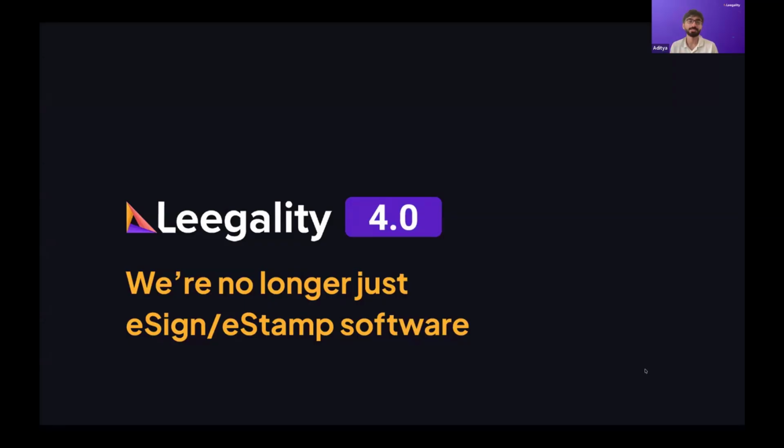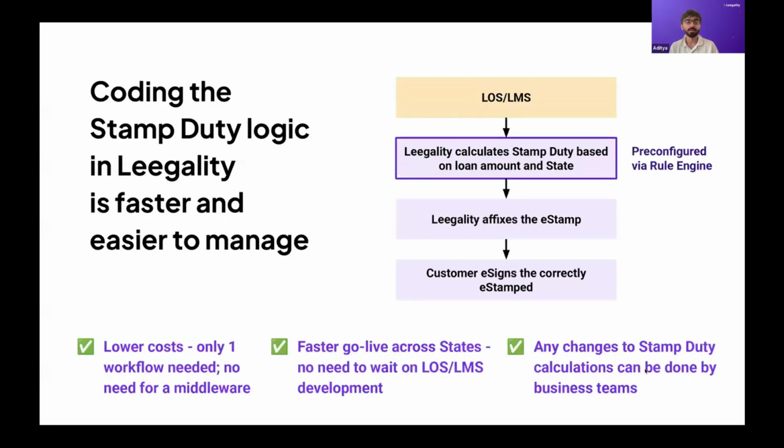We are moving beyond just e-sign and e-stamp. We are moving towards the document logic itself, right? We are now giving you the ability to configure and code your own stamp duty rules, your own stamp duty SOPs, and your own stamp duty logic into Leegality itself, right? When a customer takes a loan from you, the stamp duty calculation is done by Leegality itself, and the correct stamp paper is then affixed to the loan agreement, all within Leegality, right?